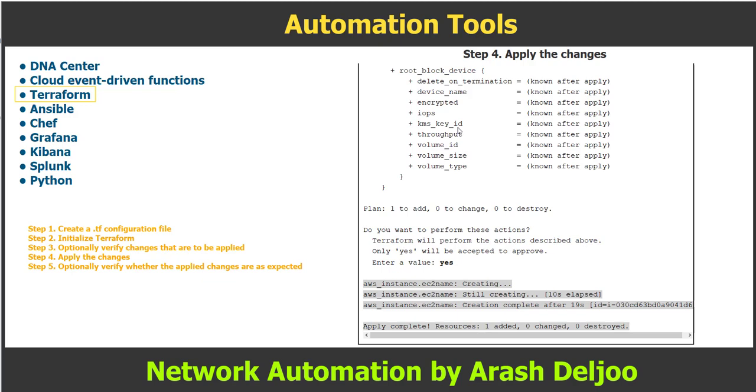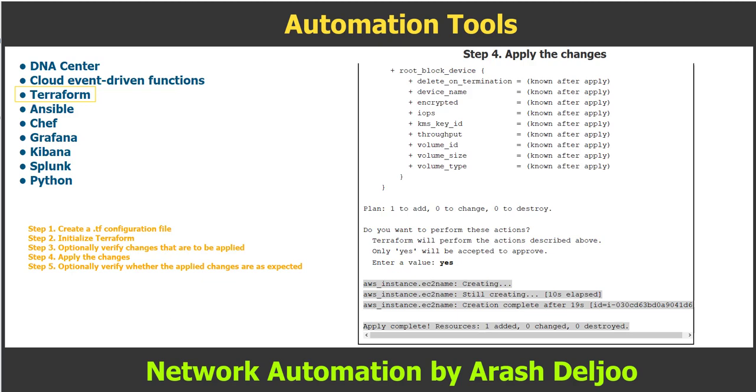And this is the last page of applying the change. Here you can see, finally, you will have a question: do you want to perform these actions? We should enter a value, yes. And here you can see that the AWS instance now starts to be created. And this is applying the change with Terraform.